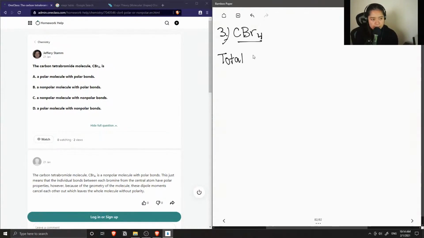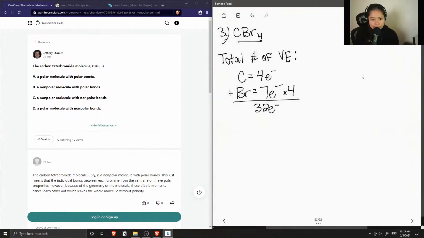So we first need to calculate the total number of valence electrons for this molecule. Carbon has 4 and bromine has 7. And since there are 4 bromine atoms, we multiply this by 4. If we add these up, we get a total of 32 valence electrons.